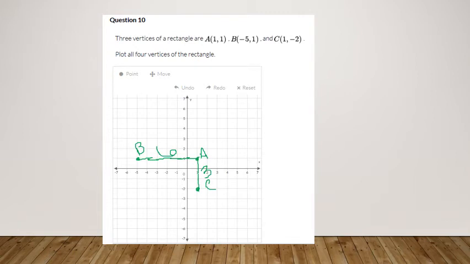And in a rectangle, we've got the same distance over here as on the right-hand side. So that would be 3, and 1, 2, 3, 4, 5, 6. So this one would be D, and that would be (-5, -2).